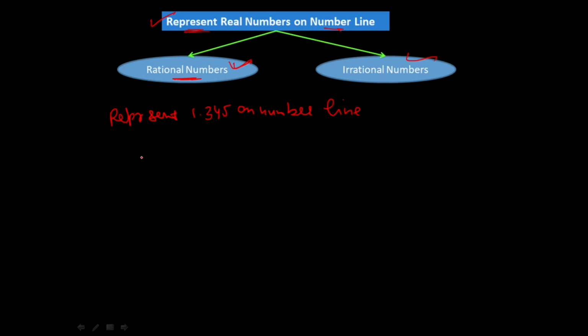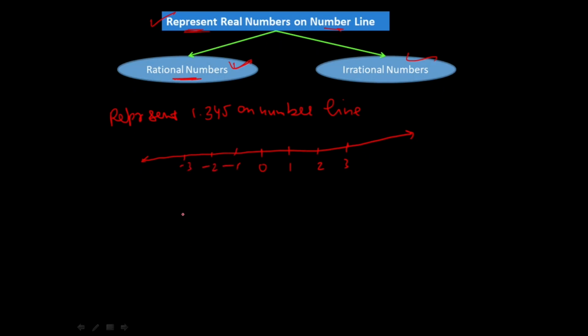So first of all, take a number line here. You have to use your scale. Here is 0, this is 1, here 2. The distance should be the same. It can be 1 centimeter, 1 inch, it's up to you, but the distance should be the same. This is 3 here, same on the negative side, -1, -2, -3 and so on.